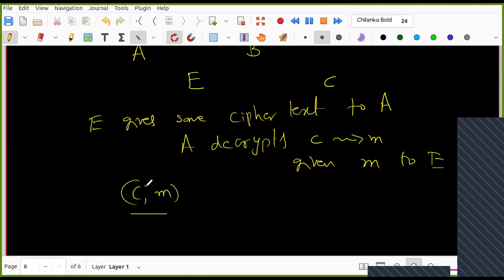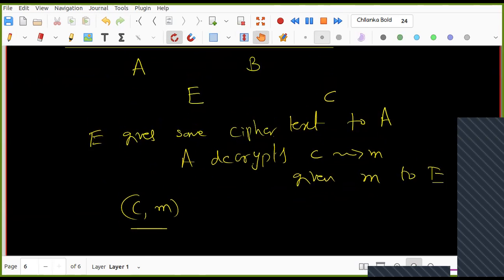Who gave the ciphertext? Eve gave it to A. A is confident that even if I give the plain text of one ciphertext, he still cannot get the original text.